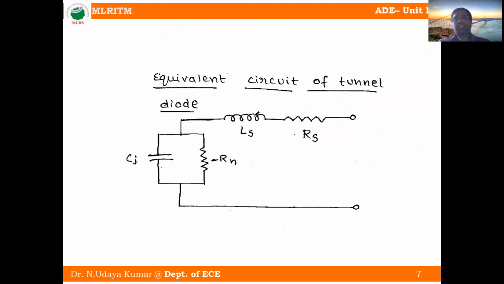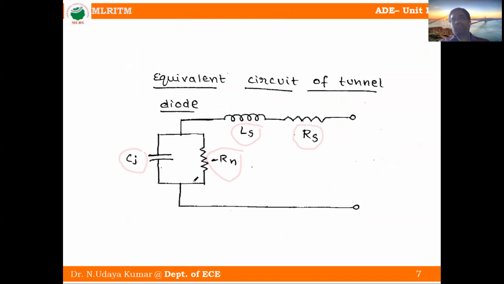Okay, so this is the equivalent circuit of the tunnel diode. You can observe, this is the junction capacitance. This is the negative resistance. This one is the lead inductance. This one is the lead resistance.